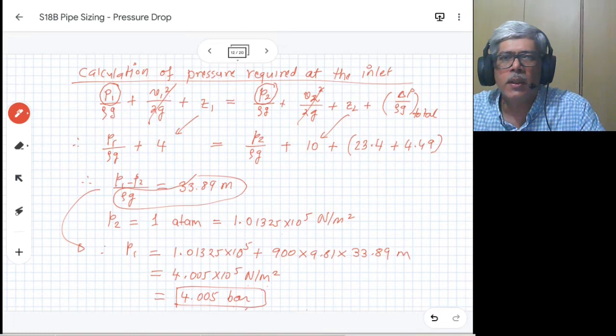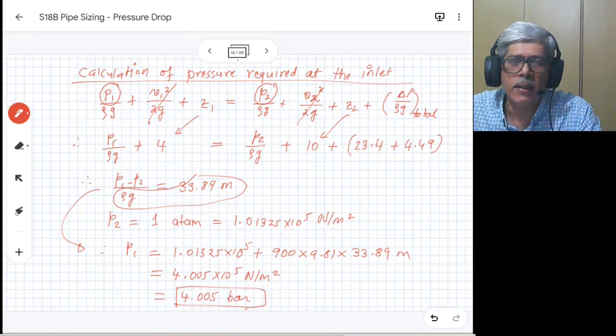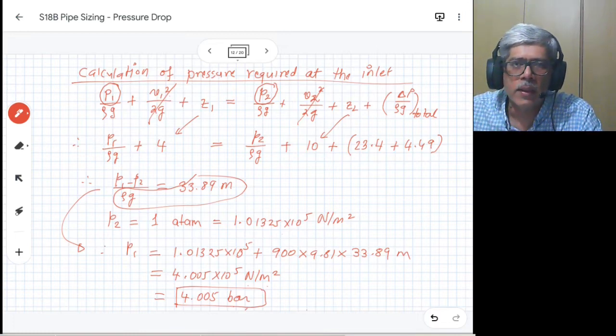This particular calculation illustrates how we calculate the pressure drop in a pipeline which has other than straight pipe elements, so a pipeline which has elbows, bends, T's, valves, and inlet and exit losses. How we take all of this into account and calculate the total pressure drop for the system is illustrated by this case.